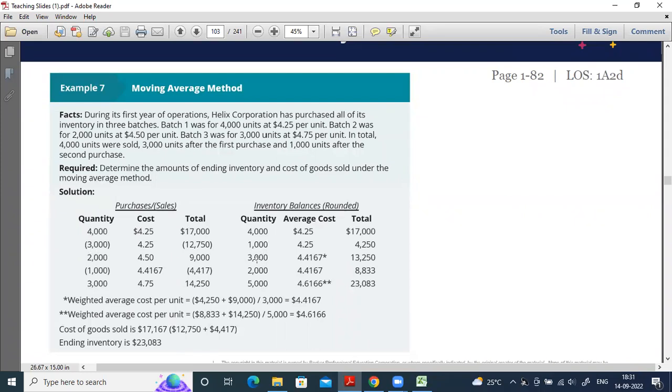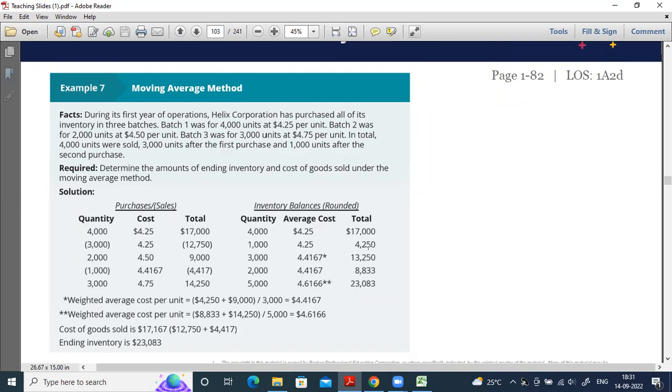Okay. Now next, what was the amount we are having? What is the amount here? 4,250, right? Yes, sir. So in our inventory balance, we showed 4,250. And what is the amount we paid for purchasing 2,000? 9,000, right? So 9,000 plus 4,250. How much will we be getting? 13,250.